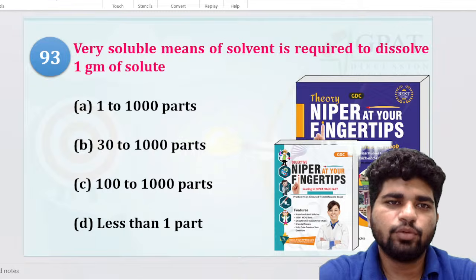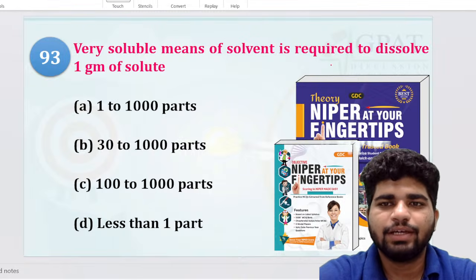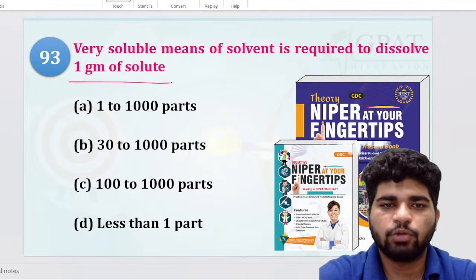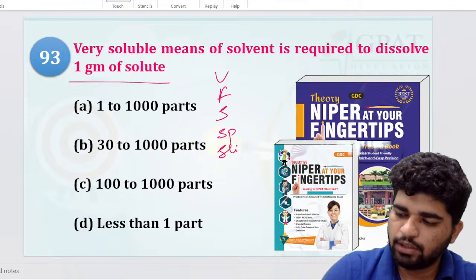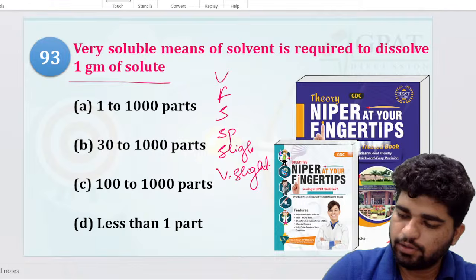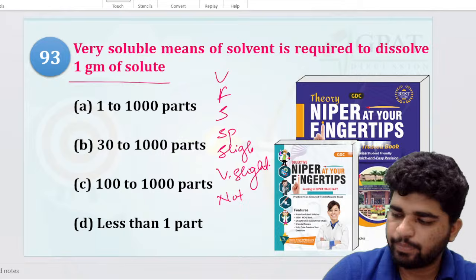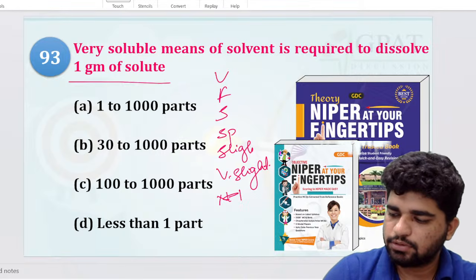Very soluble means less than 1 part of solvent is required to dissolve 1 gram of solute. The terms are very soluble, freely soluble, sparingly soluble, slightly soluble, very slightly soluble, and practically insoluble.